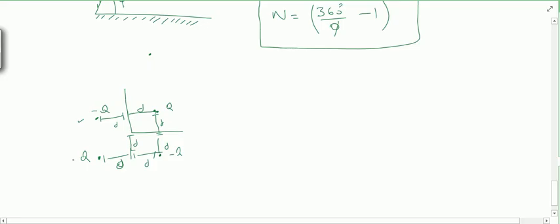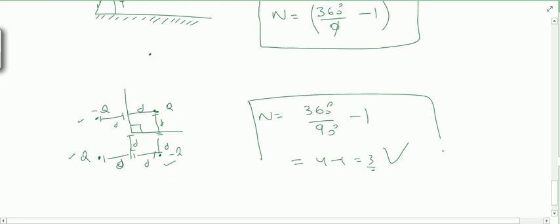What are they? They are 1, 2 and 3 images. You can check from this formula: 360 degrees divided by the angle, 90 degrees, minus 1. So 4 minus 1 is 3 images, right? So you can use this formula like this and find how many charges will be there.